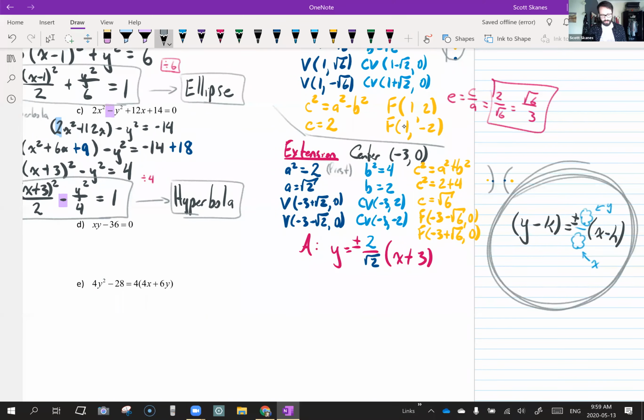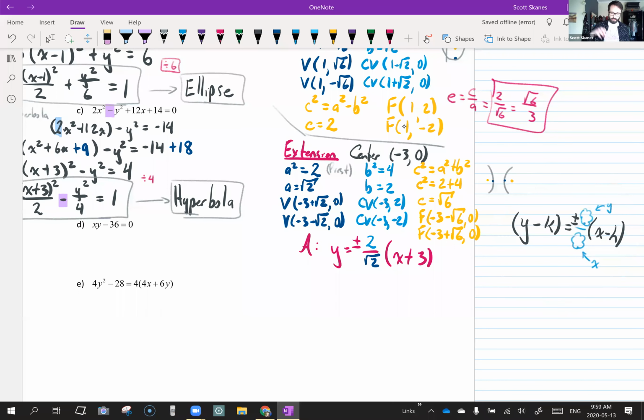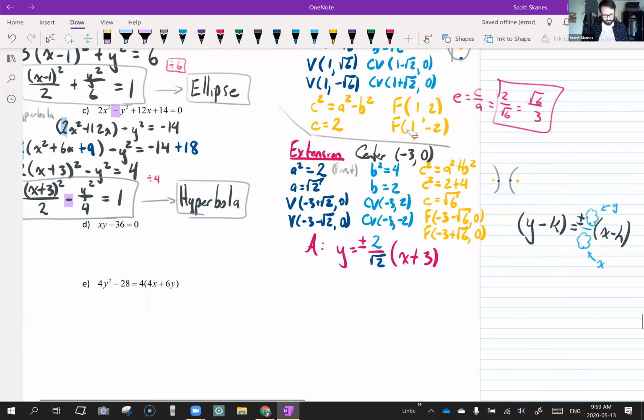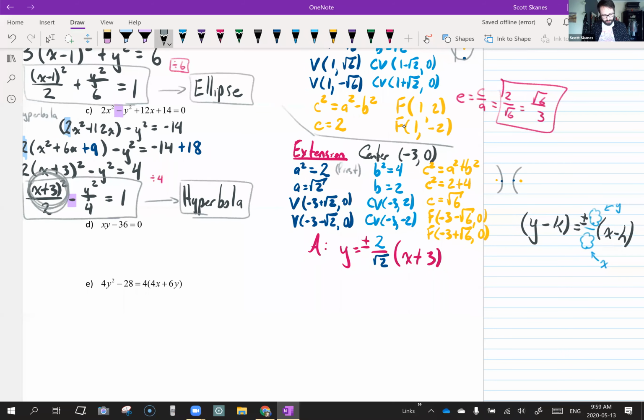This is our formula for the asymptotes. So we take our center value for the y part. You did that correctly. You don't need to add the 0. You can just have y. X minus h is already given in the original question here, x plus 3. So you just steal that, okay? And then for the slope, you just go up by b and over by a. Or in other words, 2 over root 2. I'm not going to bother to rationalize that.